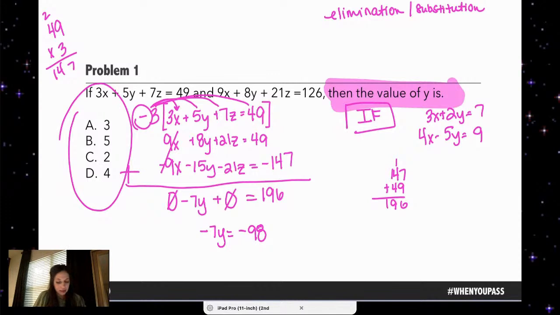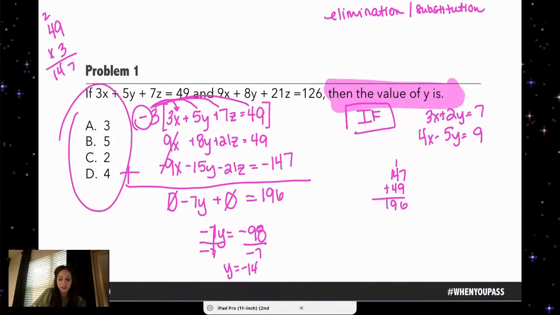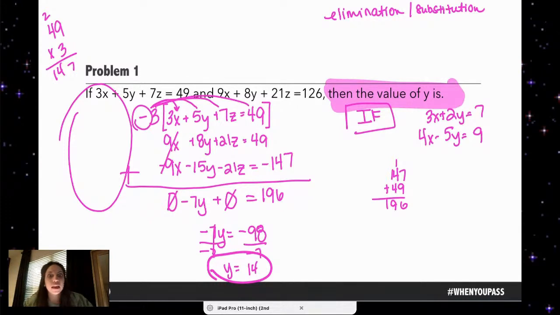And negative 98 divided by negative 7 is negative 14, which I'm confident is the answer. There's our answer. And it's not, goodness gracious, my brain is not working today. It's not a negative 14. It's a positive 14, because a negative divided by a negative is a positive.